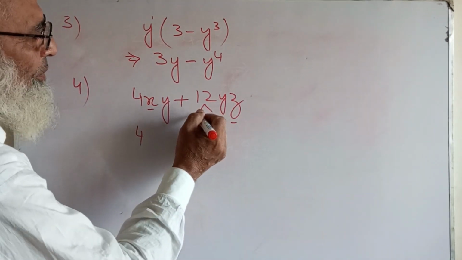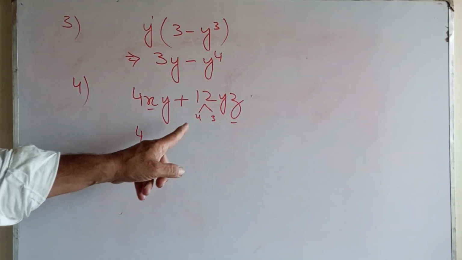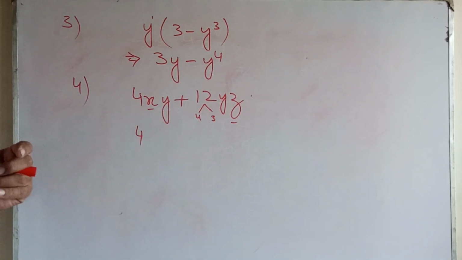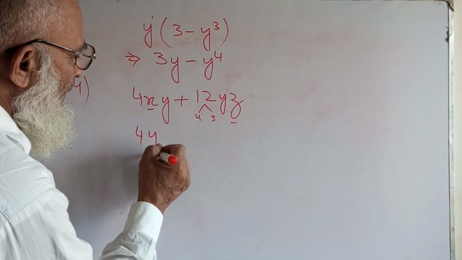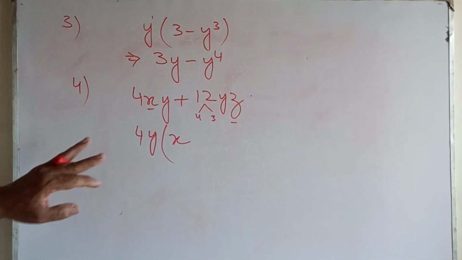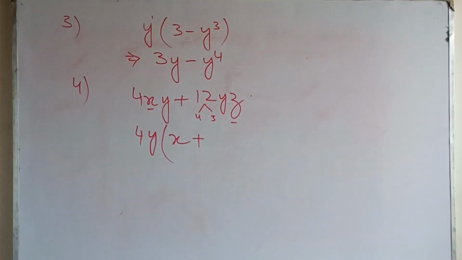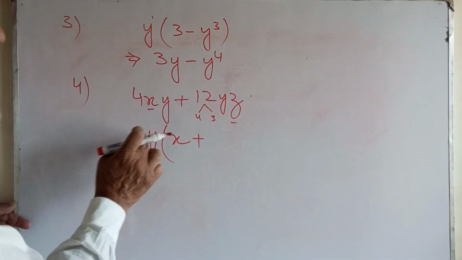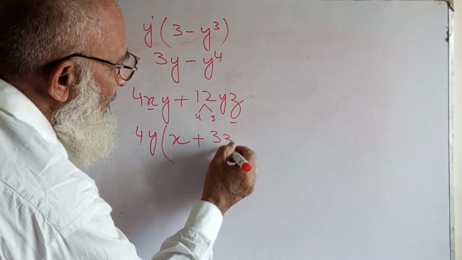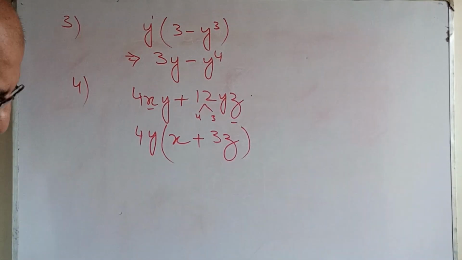There are two factors of 12, 4 and 3, so we are bringing 4 out. y is again common. So we are left with only x, the plus sign remains as it is, and 4 has been brought out, 3 remains in, y has been brought out, z remains there. So this is the whole answer.